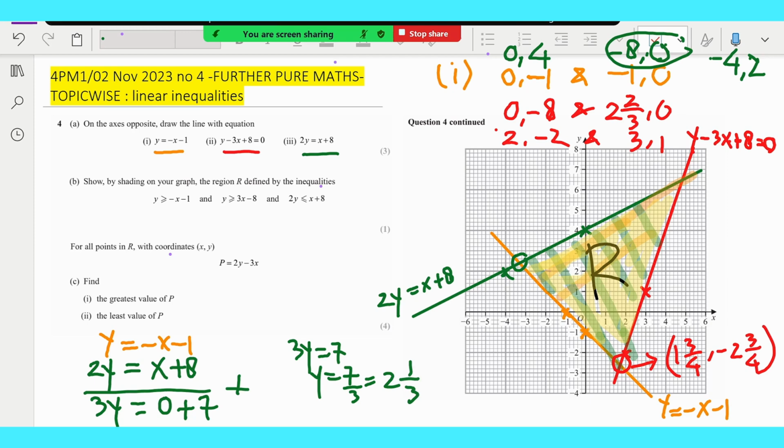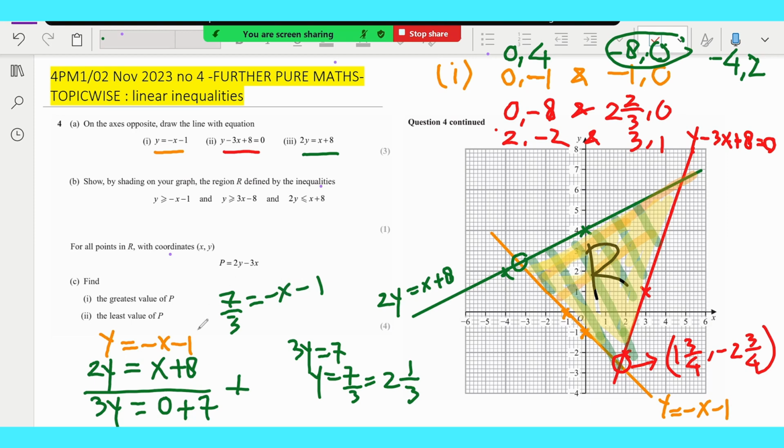So we have the y part in here, 2 1/3. Now we have to find the x part. We plug the y into one of these equations. So y we plug in with 2 1/3, that is 7 over 3. 7 over 3 equals minus x minus 1, and then we have to isolate the x.